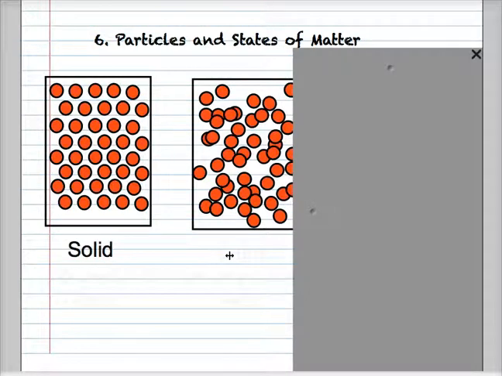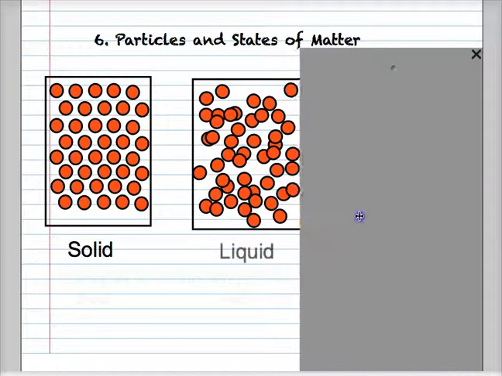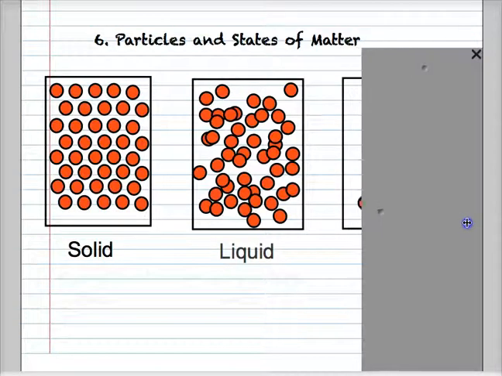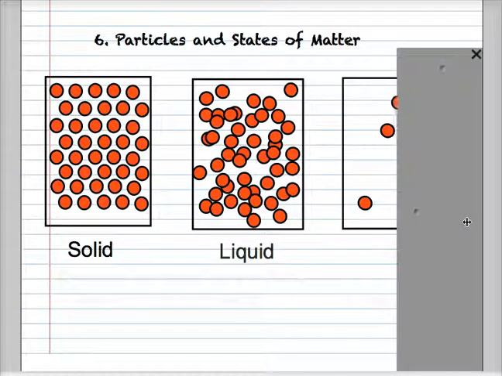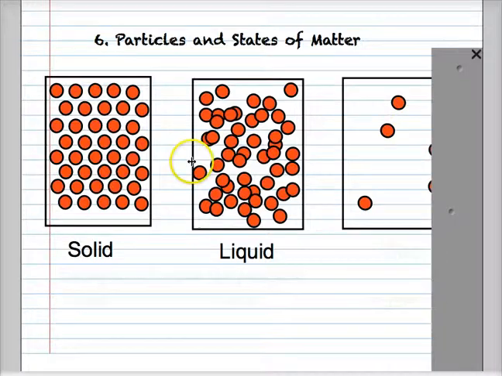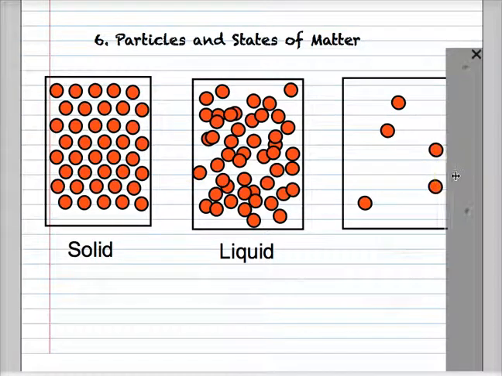And in a gas, particles are spread out in no order at all. We can't see it on this diagram, but the particles are zipping around, not bonded to one another, and just moving freely.